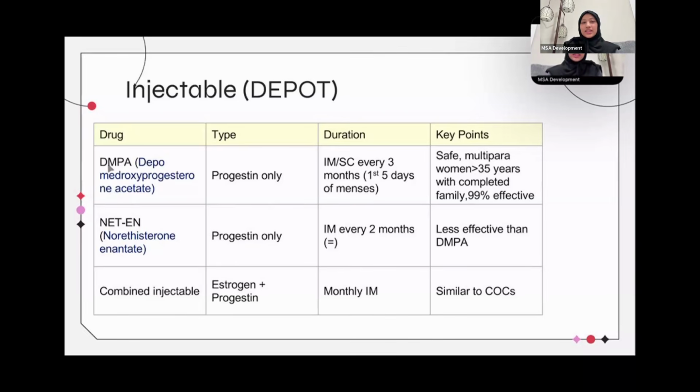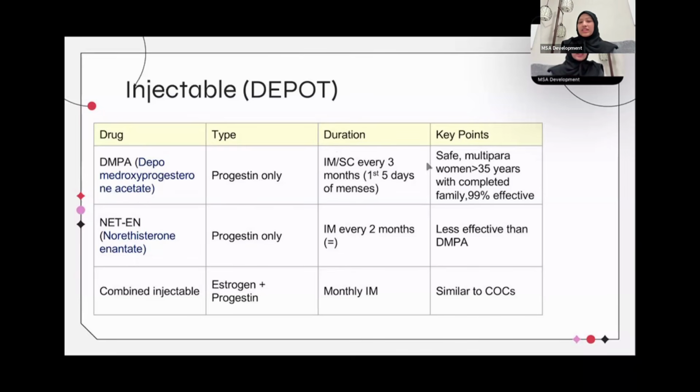So the first one is DMPA, depot medroxyprogesterone acetate. From the name, progesterone only. Again, injectable. So just remember, IM, intramuscular or subcutaneous, doesn't matter. You don't need to know. Every 3 months. So they can have one injection every 3 months, and it will be working fine.